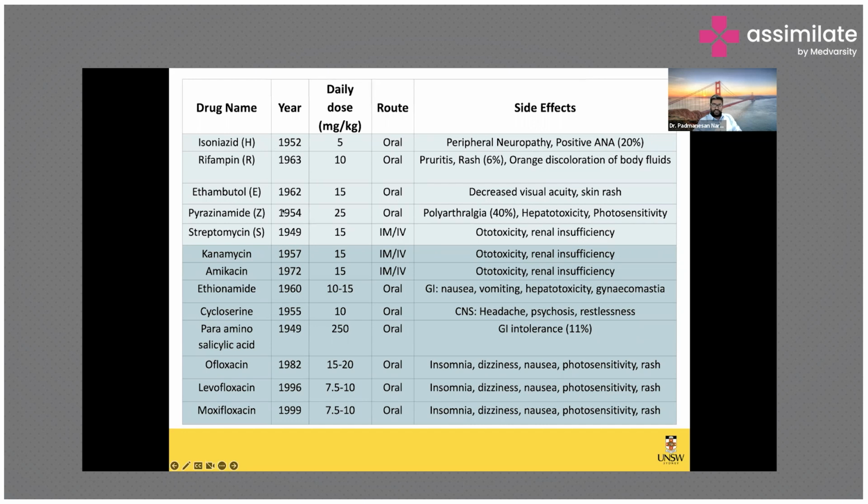The top 5 are the most commonly used first-line drugs, and you can see they were discovered in the 1960s or earlier. And there has not been a drastic improvement in TB treatment strategies. We have not used new treatment drugs.